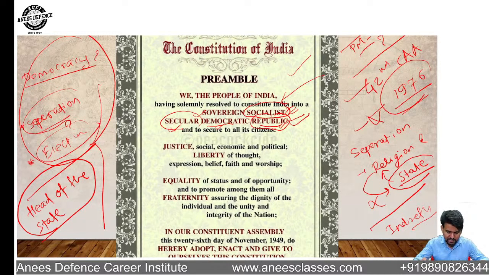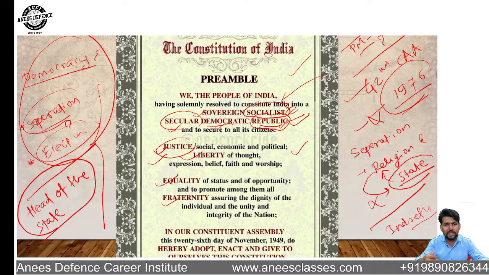Okay, students, apart from these keywords, we also come across words like justice, liberty, equality, fraternity. So one by one we'll see that. We will witness all these concepts later on in various chapters of the constitution. For example, when we go into the fundamental rights chapter, there you will see a certain type of justice or rights you get.